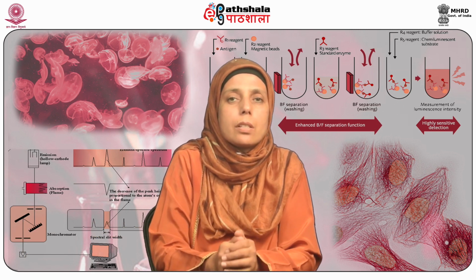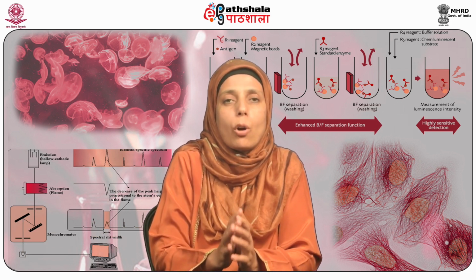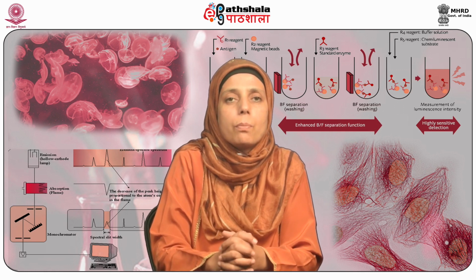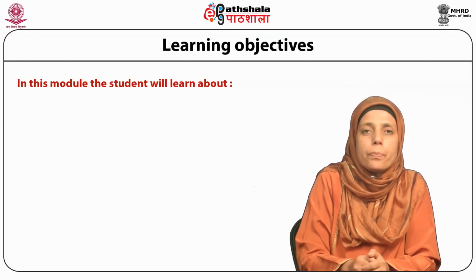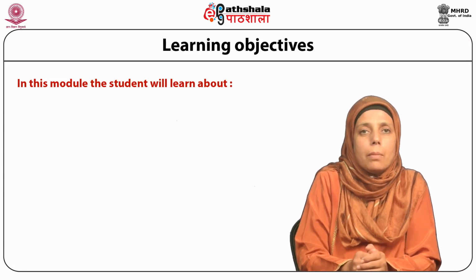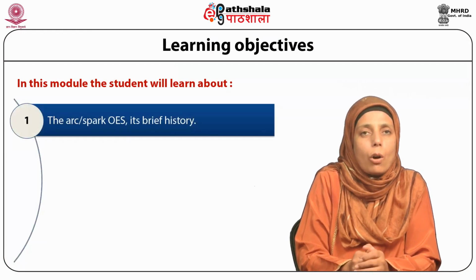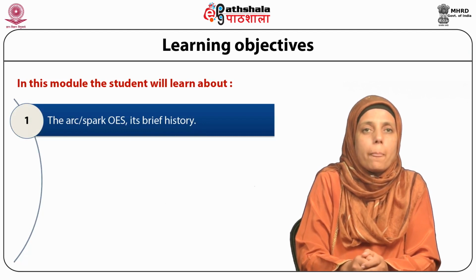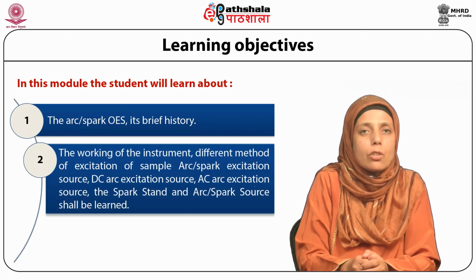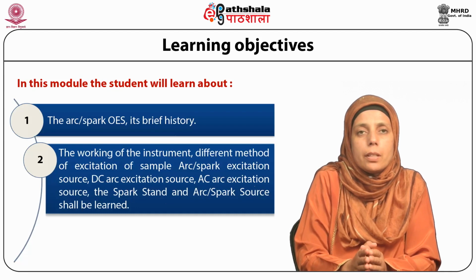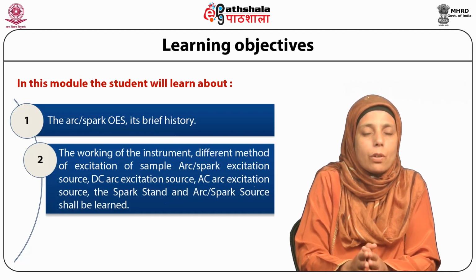Here we are going to discuss the module Arc Spark Optical Emission Spectrometry from the paper Atomic Spectroscopy. In this module, you will learn about Arc Spark Optical Emission Spectroscopy, its brief history, the working of the instrument, and different methods of excitation of the sample, because the method of excitation of the sample in arc spark is different from simple atomic absorption spectroscopy.